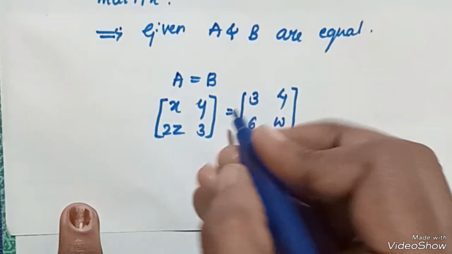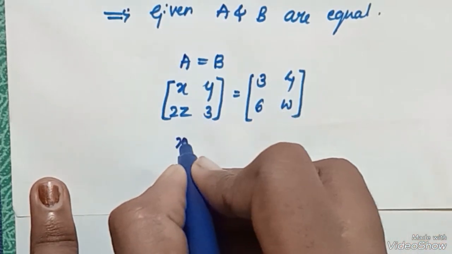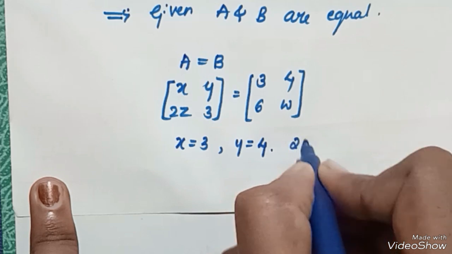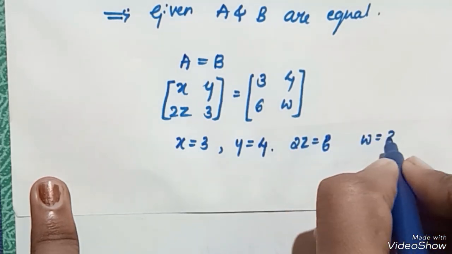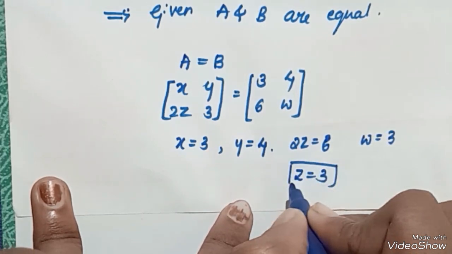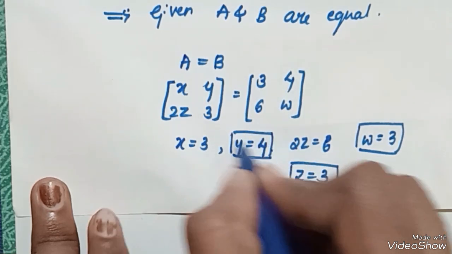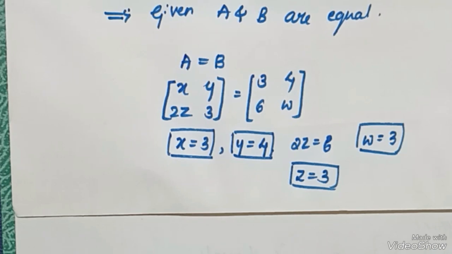The corresponding order should be the same and the corresponding values should be equal. Therefore, x = 3, y = 4, 2z = 6 and w = 3. Here z becomes 3. The values are x = 3, y = 4, z = 3 and w = 3.